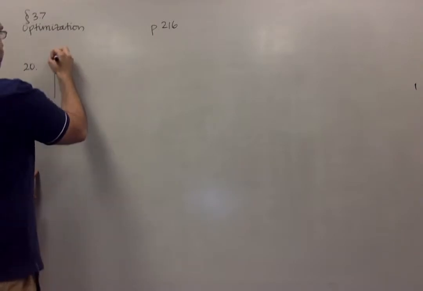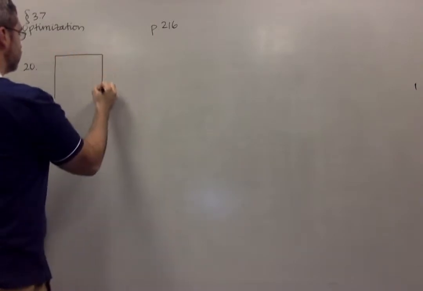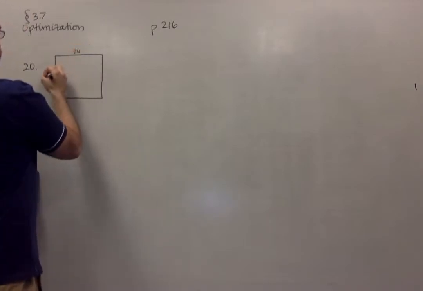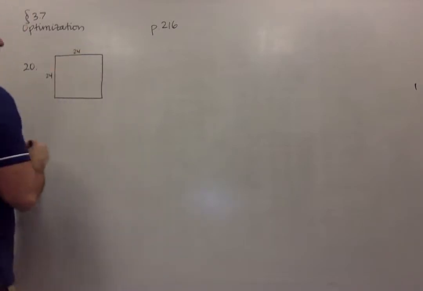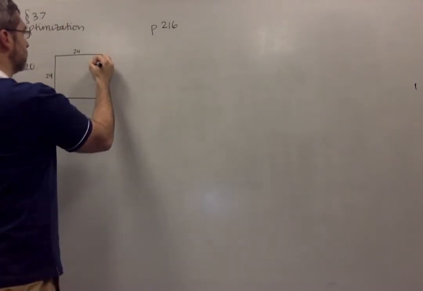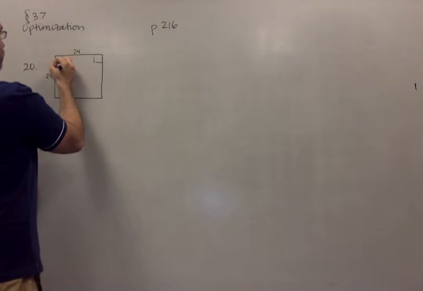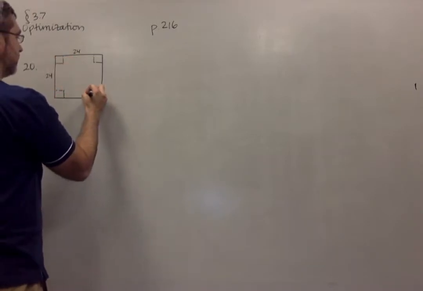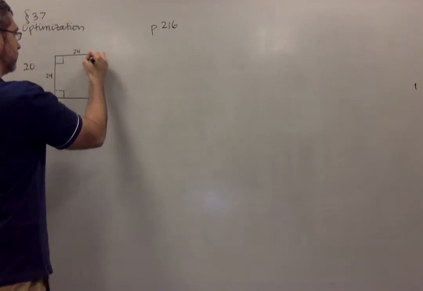So what I'm going to do is I'm going to first draw it here. It's square. Okay, 24 and 24. And then we're going to take it and we're going to cut out corners. And they've conveniently told you that those are squares as well.